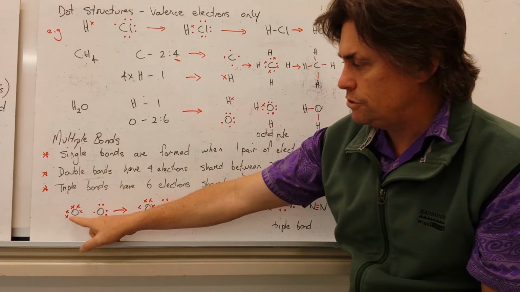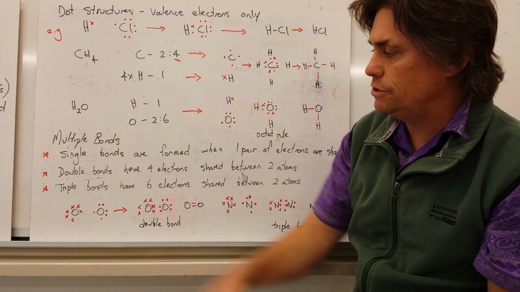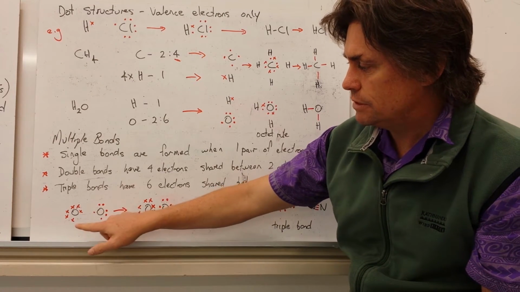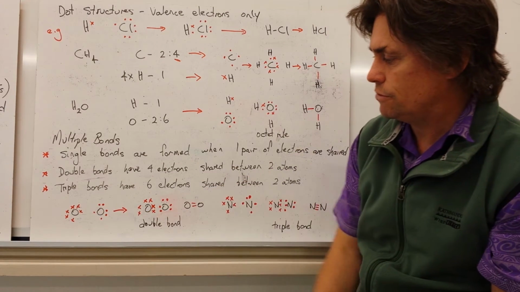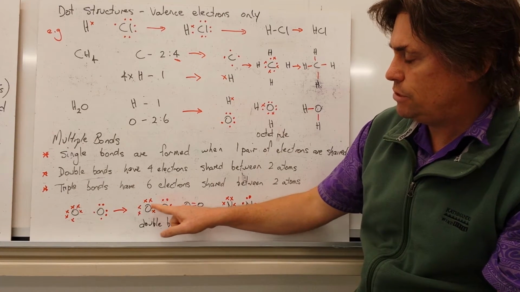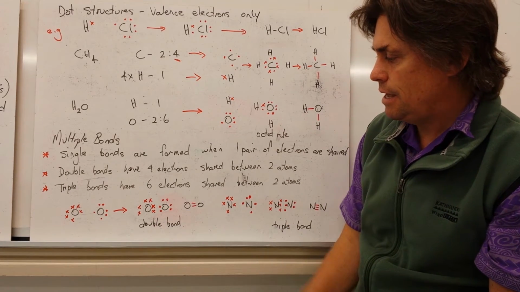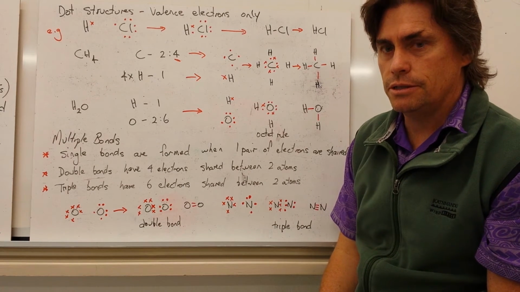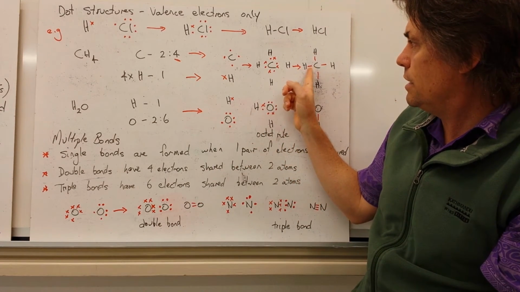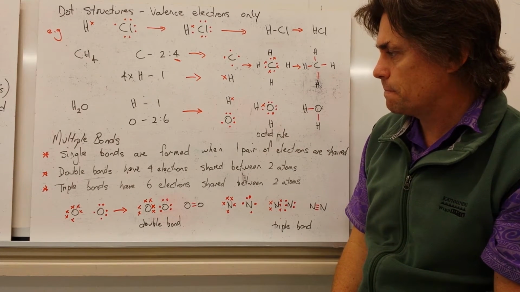So if we take oxygen bonding to oxygen as an example, we can share these 2 electrons and we can share these 2 electrons. So we get 4 electrons being shared between the 2 oxygen atoms, and we call this a double bond. And it's represented as 2 lines instead of a single line as we've represented it up here.